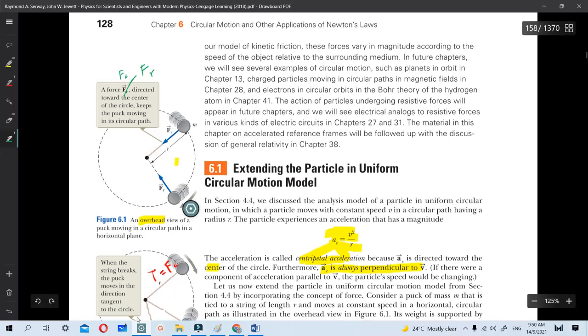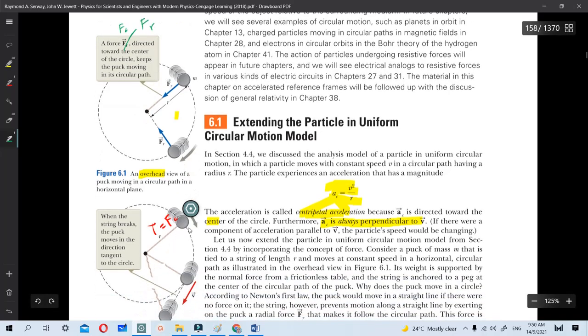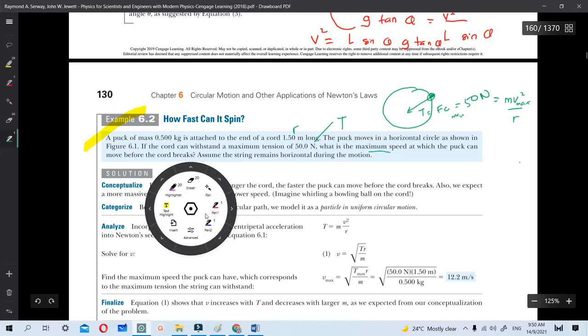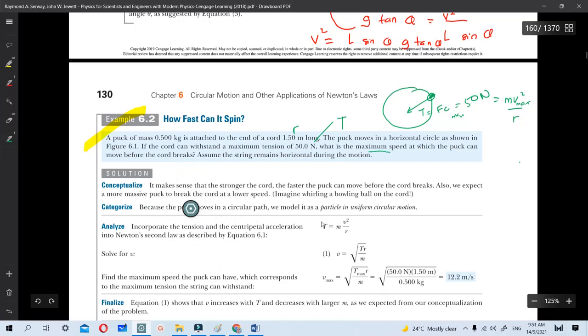And this is something to ponder, that since tension is in the same direction towards the center, tension is the centripetal force. That's the essence of these two figures. Alright, let's continue. Jotting down the process is like this. So 50 then.